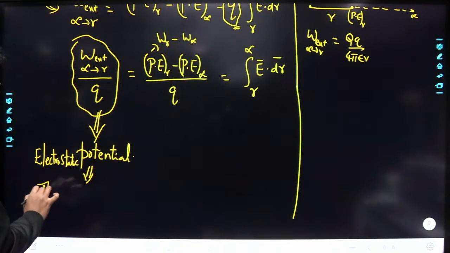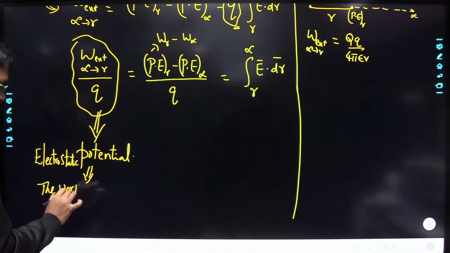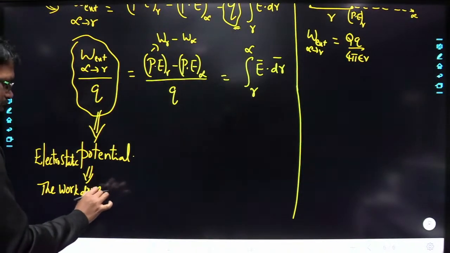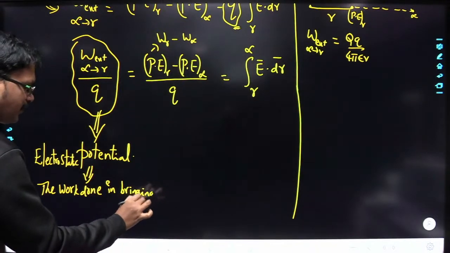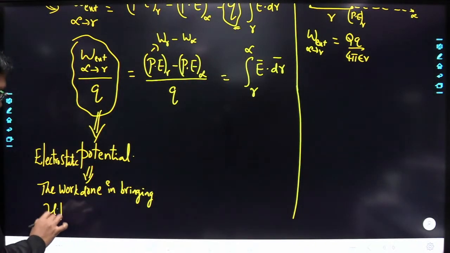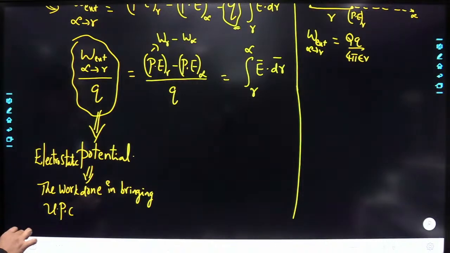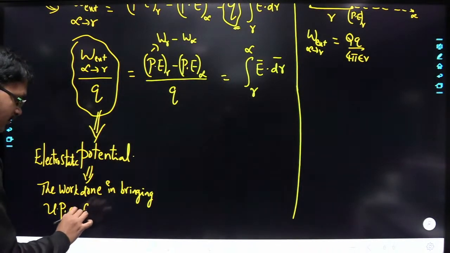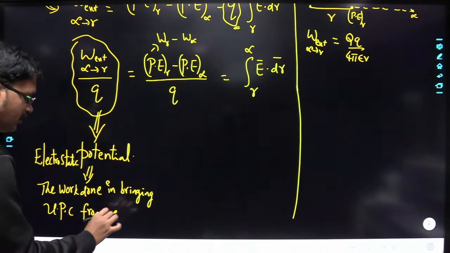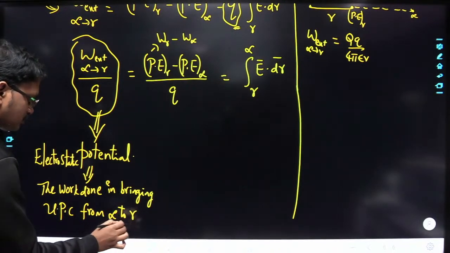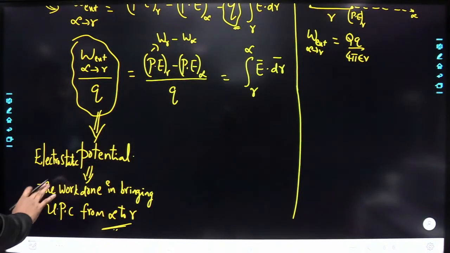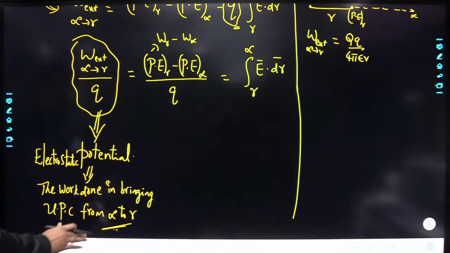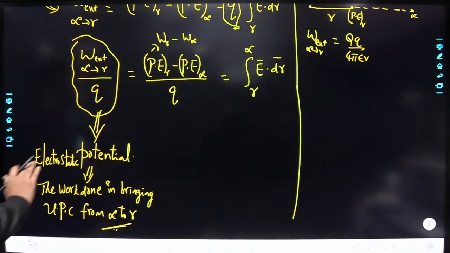The work done in bringing a unit positive charge, UPC, from infinity to R. So electrostatic potential at any point is defined as the work done in bringing a unit positive charge from infinity to that point.